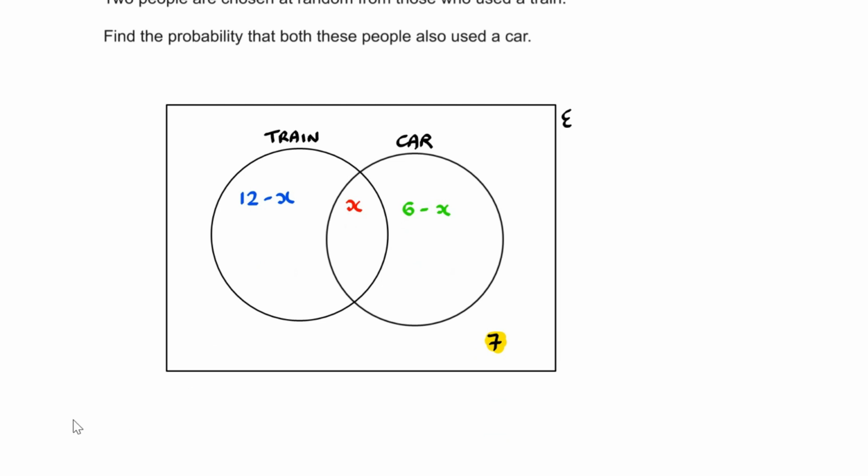So how does this help us? Well, we know then that 12 minus x plus x plus 6 minus x, plus this 7 over here, all of this is equal to 21.